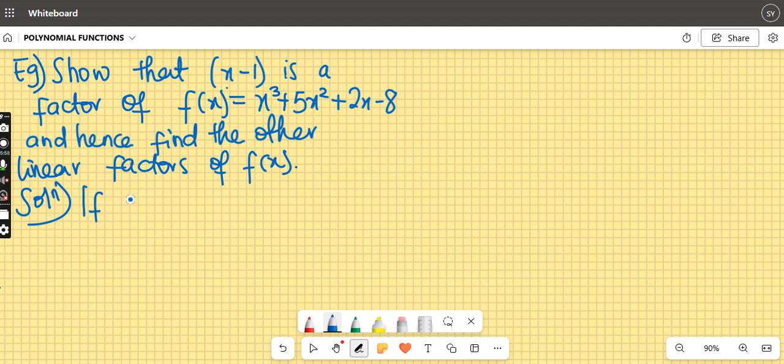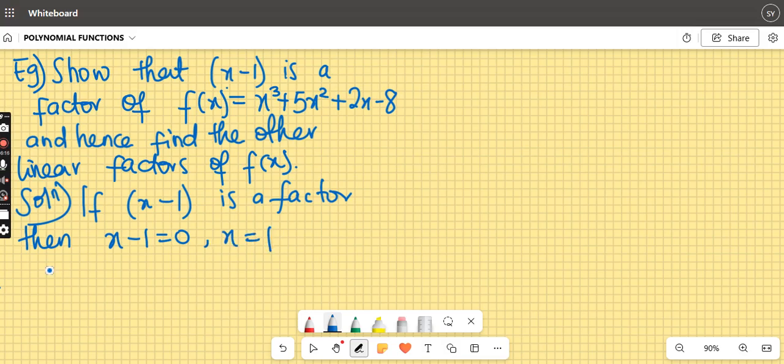We start with our preamble. If x minus 1 is a factor, then what is x minus 1 equals 0? x equals 1. Then f of 1 should be what? Should be 0.